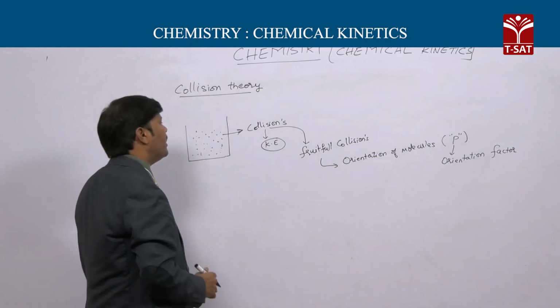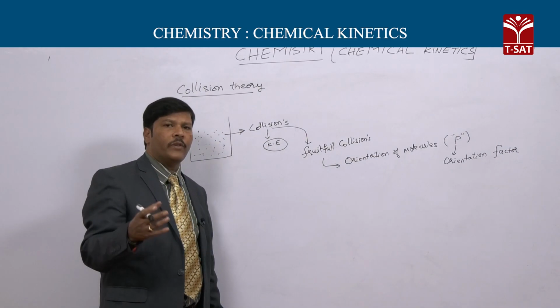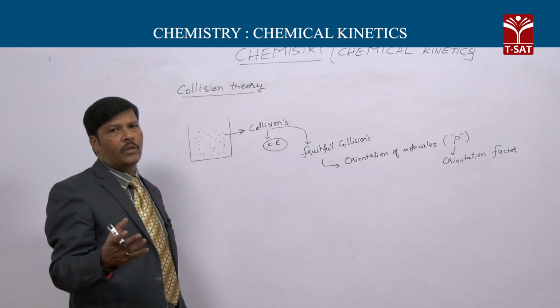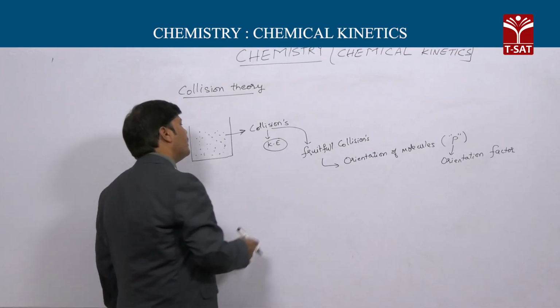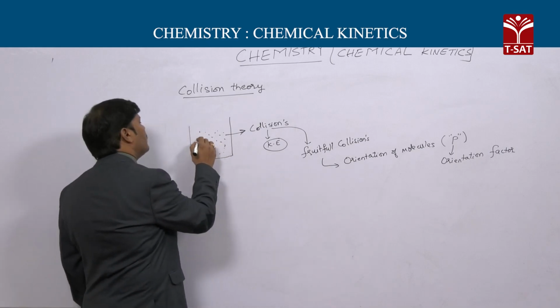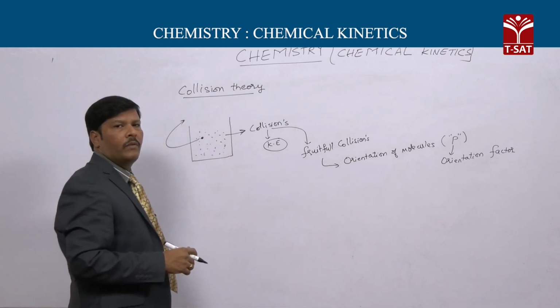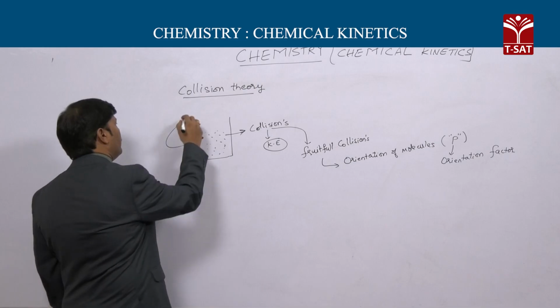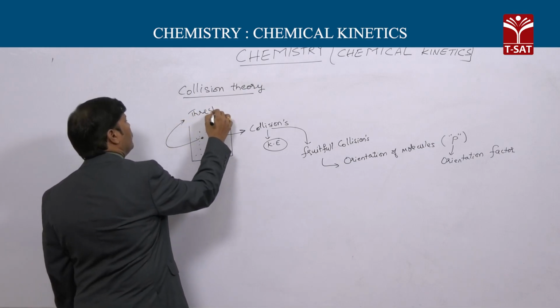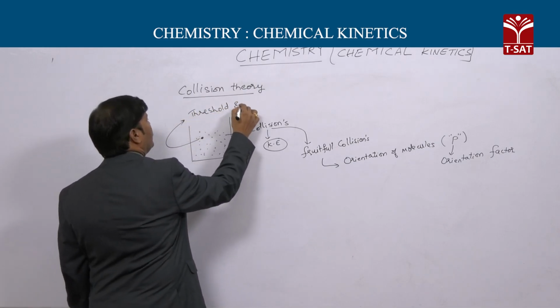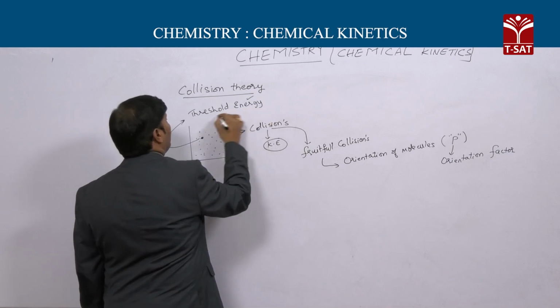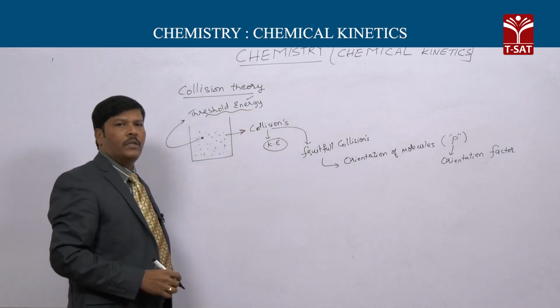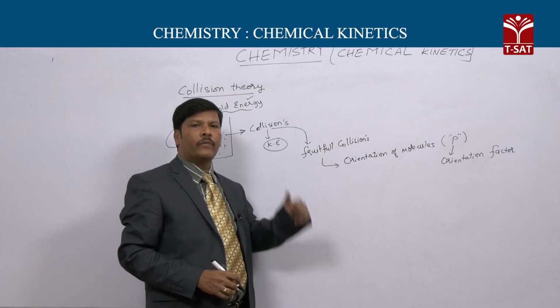That means the minimum amount of energy required for a molecule to participate in collisions is nothing but threshold energy. Once the molecule acquires threshold energy, then definitely these molecules will participate in fruitful collisions.